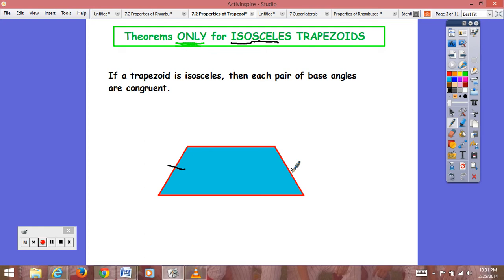So these legs are congruent. If a trapezoid is isosceles, then each pair of base angles are congruent. So this angle is congruent to this angle, and then these two angles are congruent.